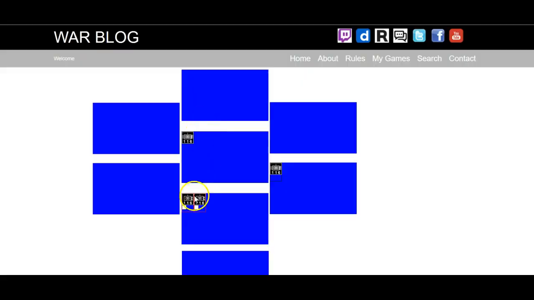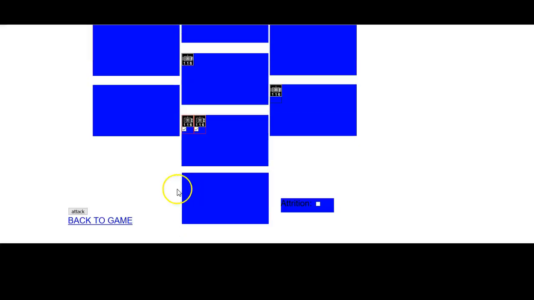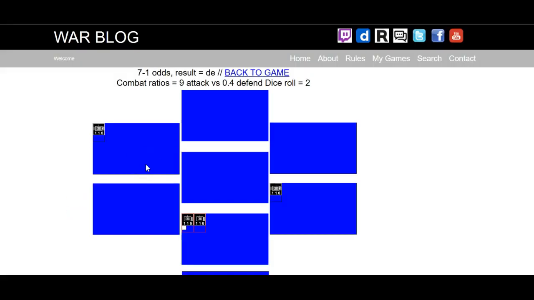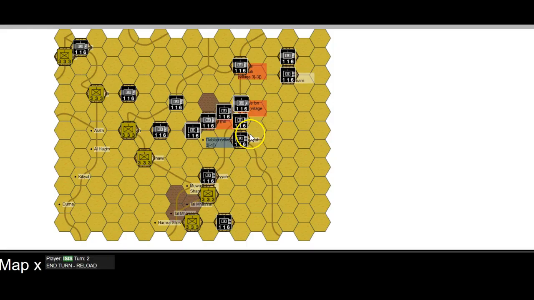Okay, we still have some movement. DE and dice roll of 2, so let's push them over there with a depression of 8, and I think we might be able to hold these hills in relatively good order. I don't think anybody's coming back. But here we've run out of movement.